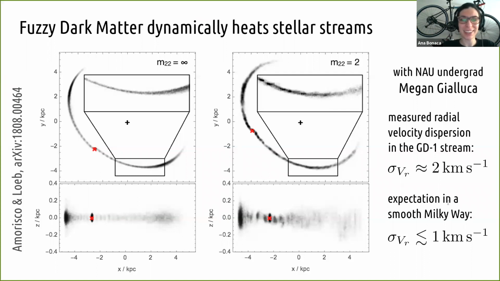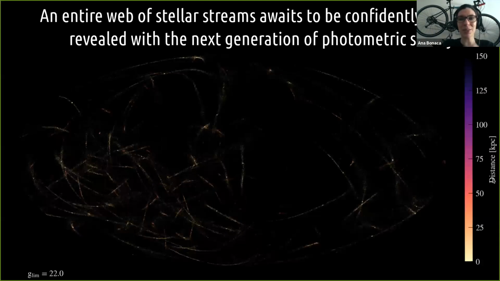And this is where I wanted to end with my last slide, saying that most of the results that I've shown here really are coming from one single stream. But we know something like 60 stellar streams in the Milky Way, and we've studied this one because it's such a good and easy target, because it's so nearby and we have a lot of data on it.